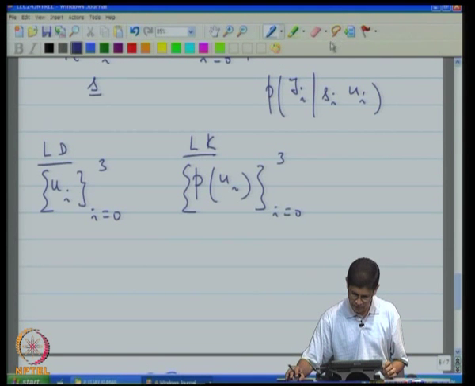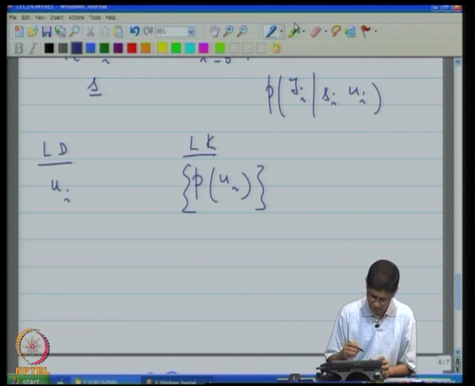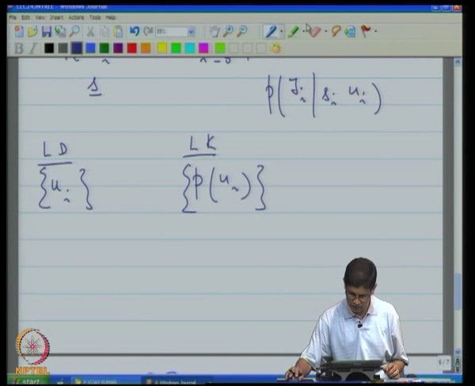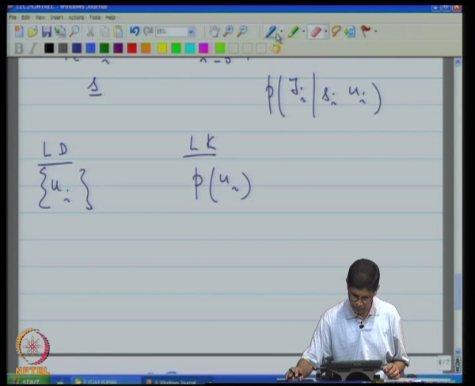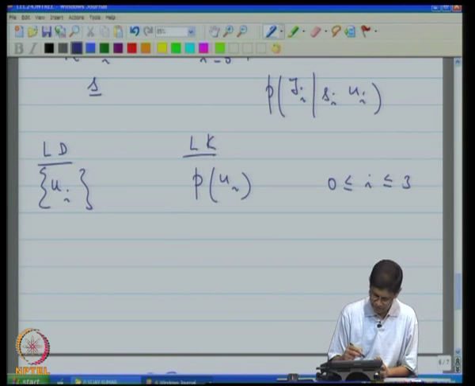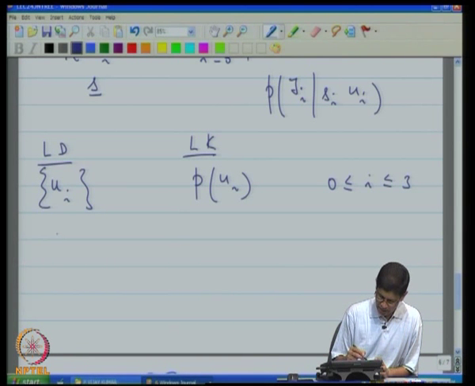To decrease the chance of confusion, let me write this not as a set, because each ui is individually a local domain. So, perhaps let me modify this slightly. This is ui associated with local kernel p of ui, and this is for i ranging between 0 and 3.